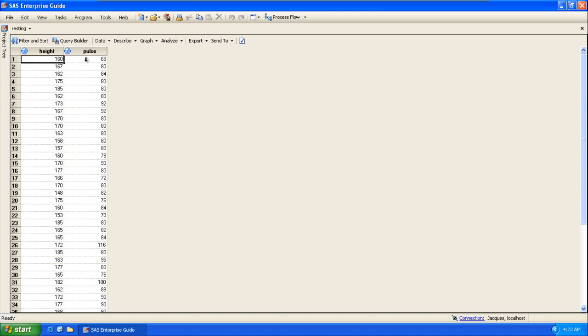So centimeters and beats per minute. We check whether there is any relation between height and pulse.